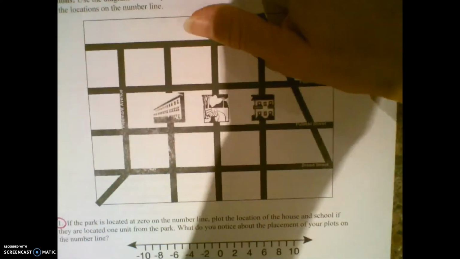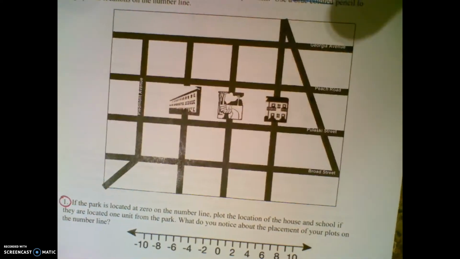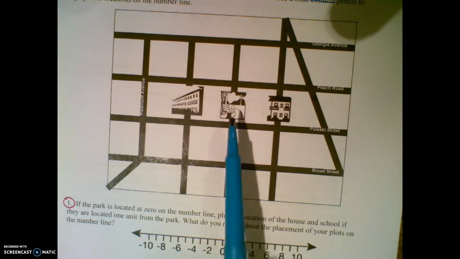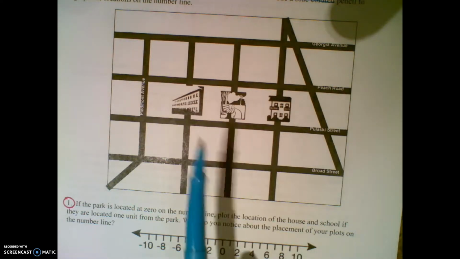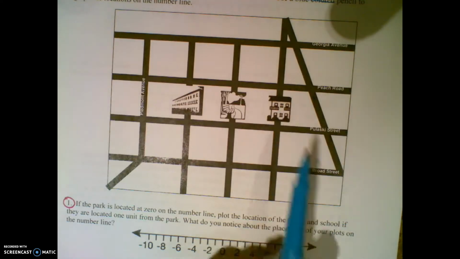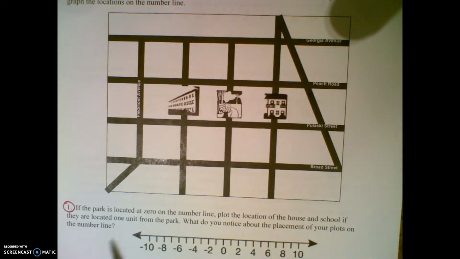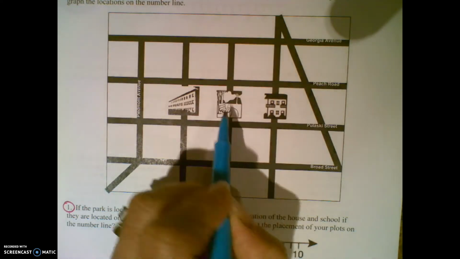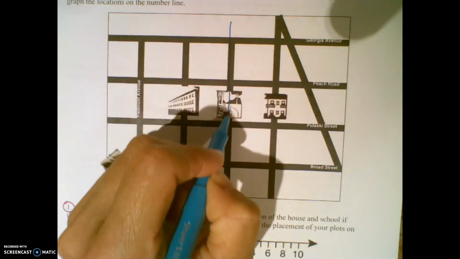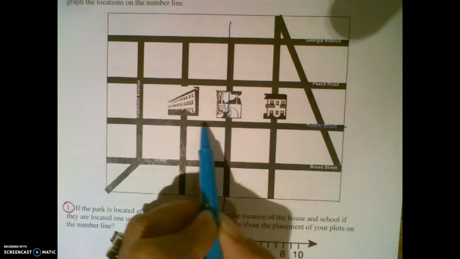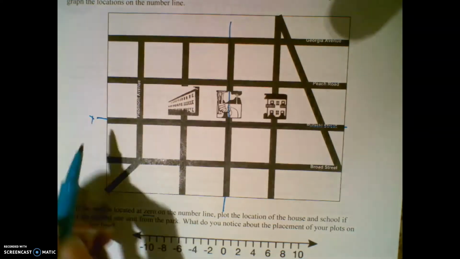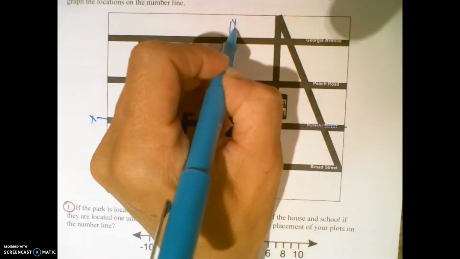So if we're looking at number one, basically here we go. We have the park here, and we've got the school, and we've got your house. Okay, and so it says if the park is located at 0, so if this is my number line, here is my y-axis, here would be my x-axis right here, and y is up here.